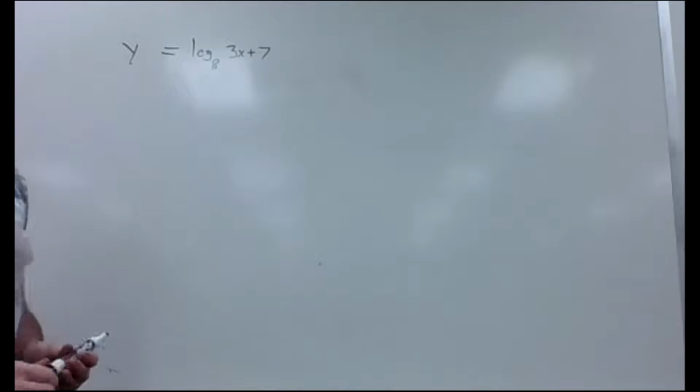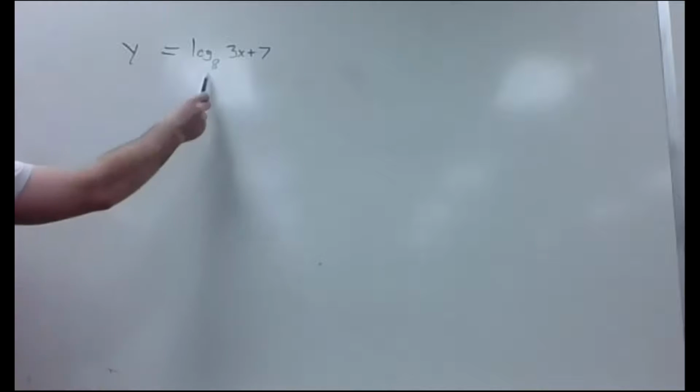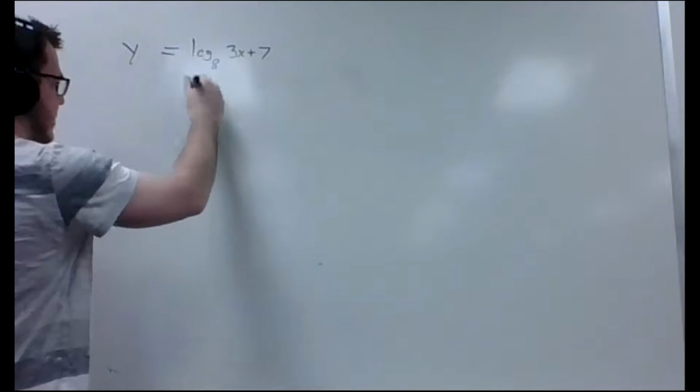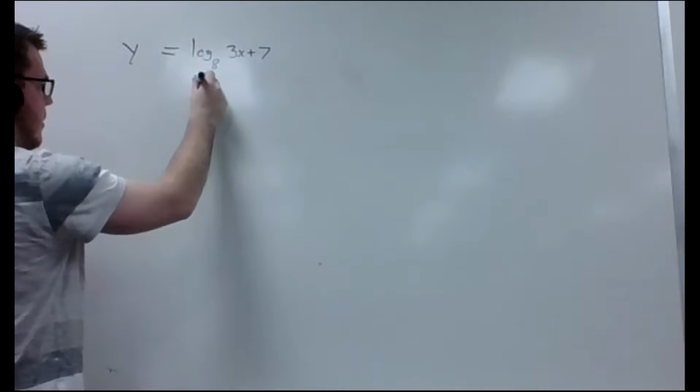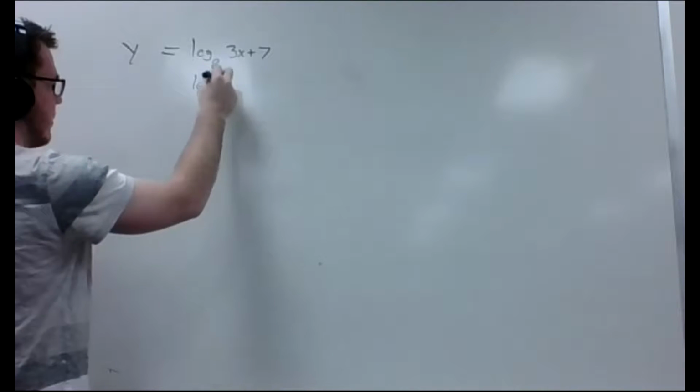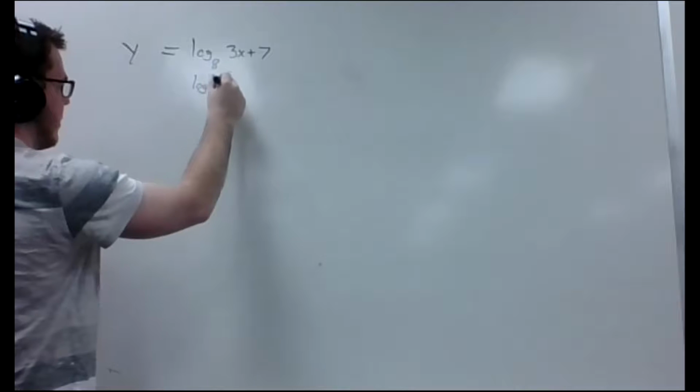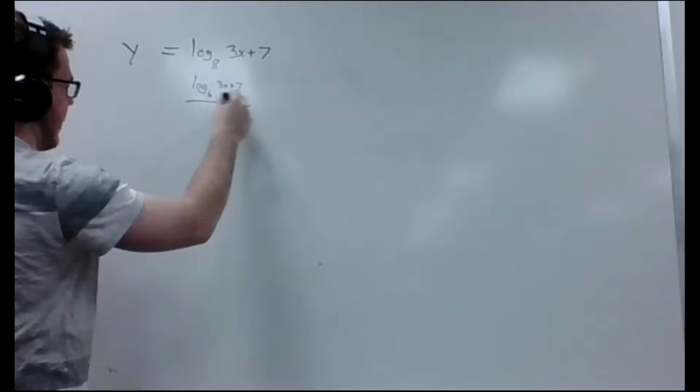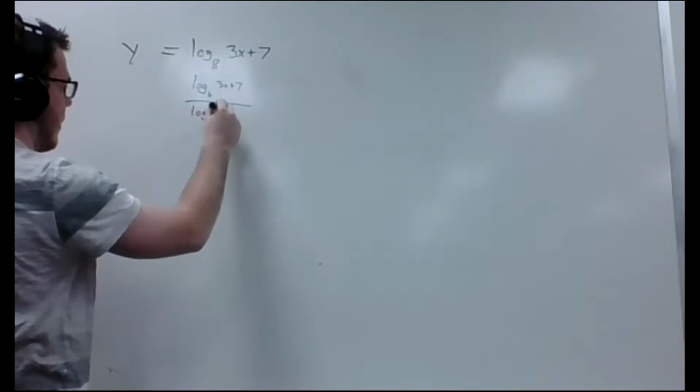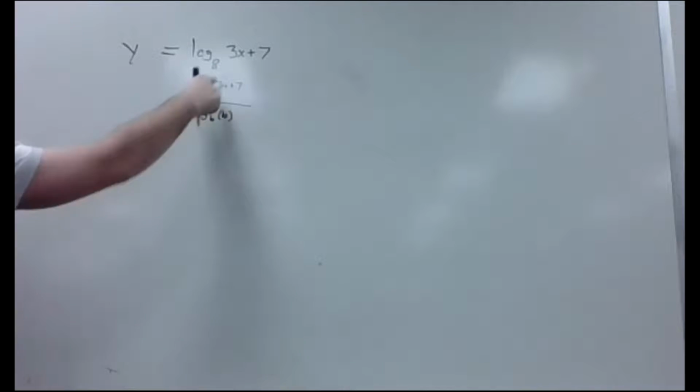So you can use the change of base formula, which lets us change the base. It says we can rewrite this as the log base of the argument over the log base of the base itself.